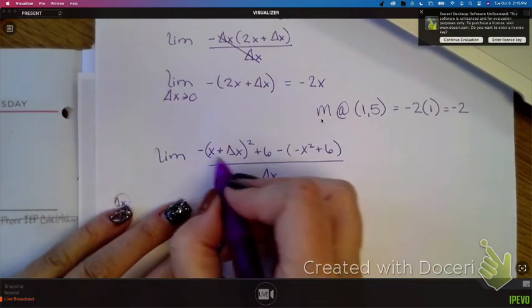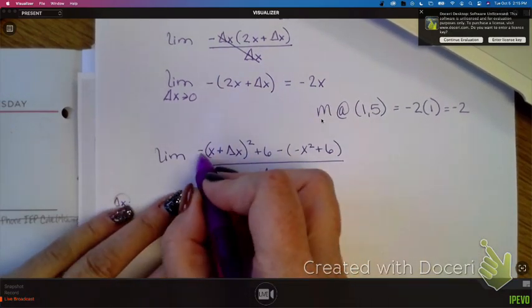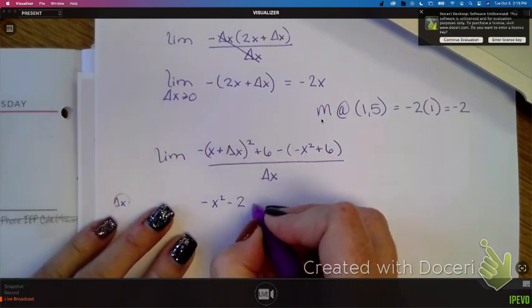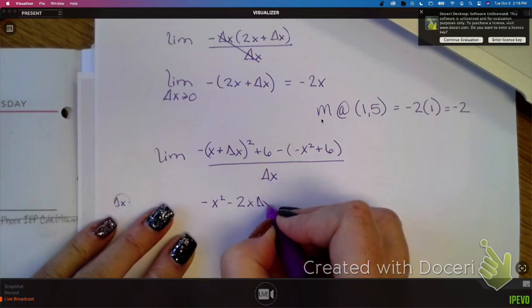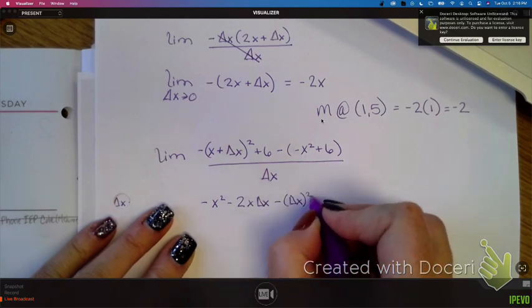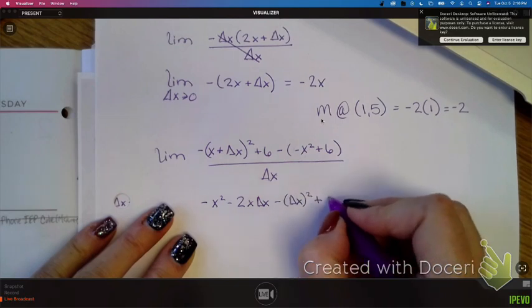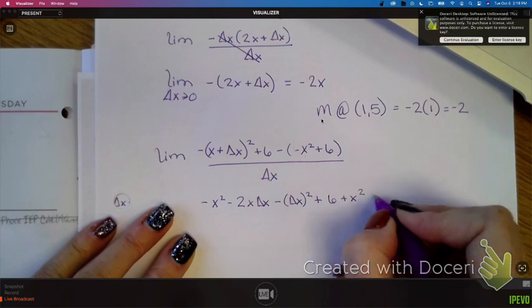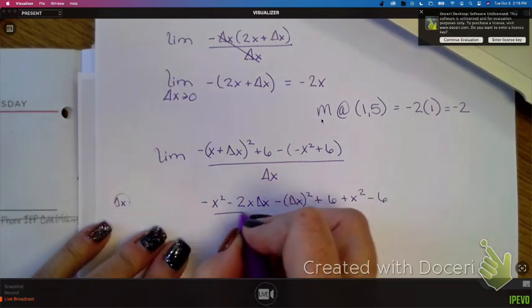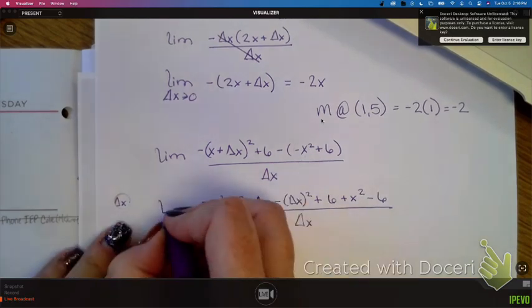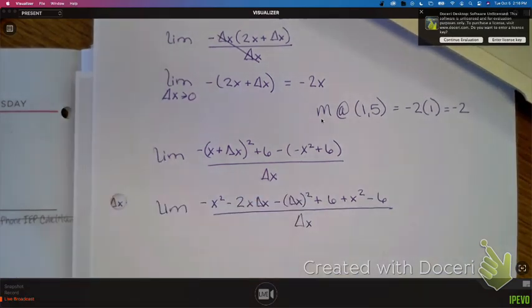So then when you FOIL this out and distribute a negative, you get negative x squared minus 2x change of x minus change of x squared plus 6, minus x squared minus 6. That's what you should have. It doesn't change what you should get. Your numbers are just going to be in different orders. Did you find your mistake?